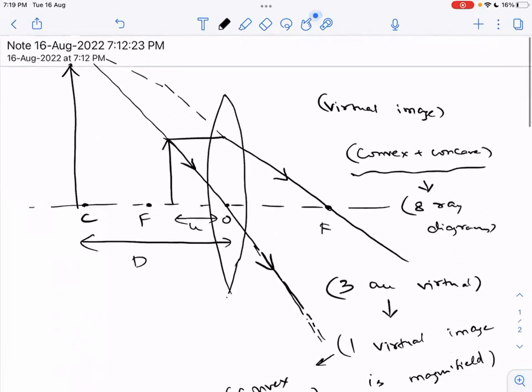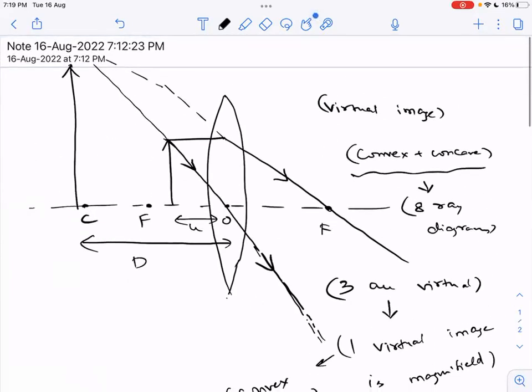Now see, if this is the height of the image, which is formed at the least distance of distinct vision, but with the help of an optical instrument, then let's say the final image is subtending an angle beta at the eye.